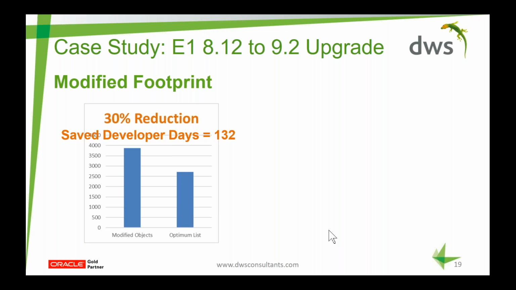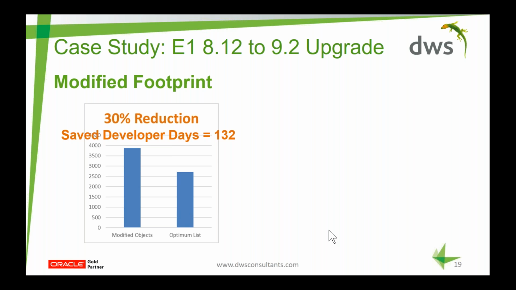So this was quite significant to the customer. So in closing, there were a large number of small objects, and then a smaller number of very large objects.